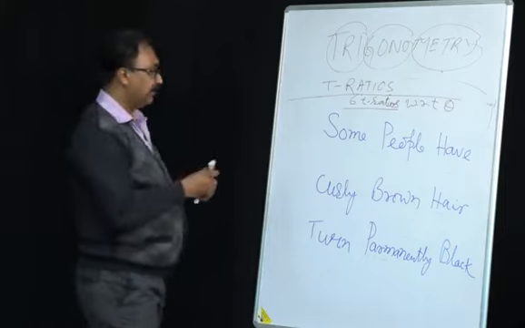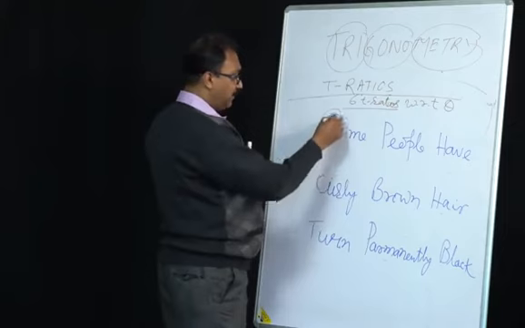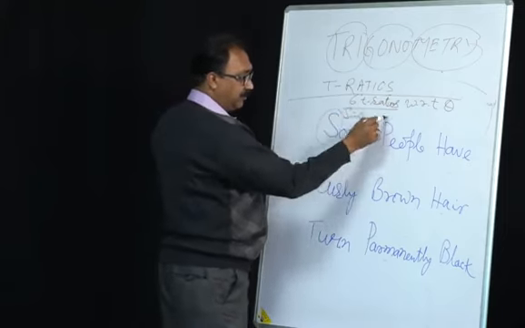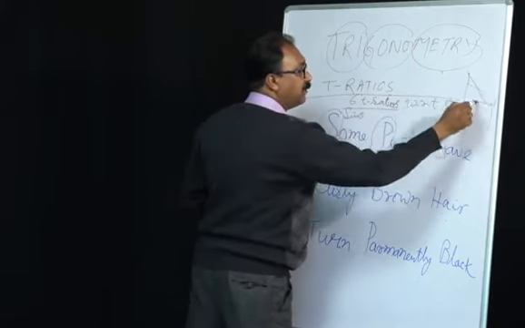Look here. If I use the first letter of each word, S is for sin theta. P, H, B: we already know the names of the sides in trigonometry.